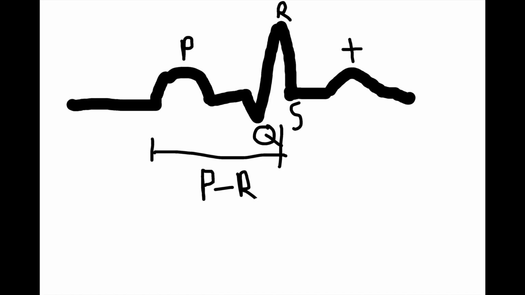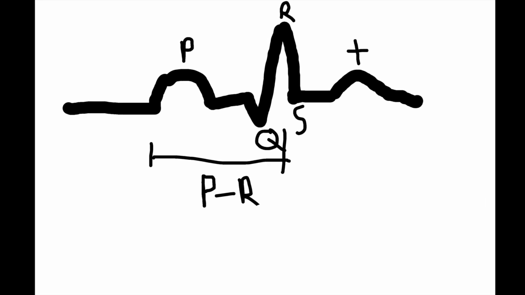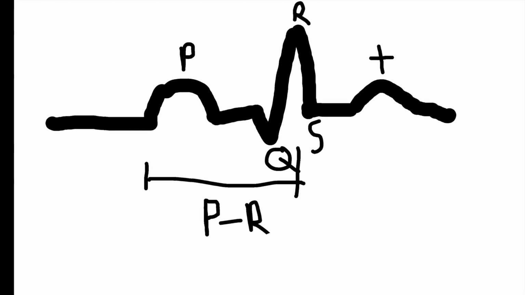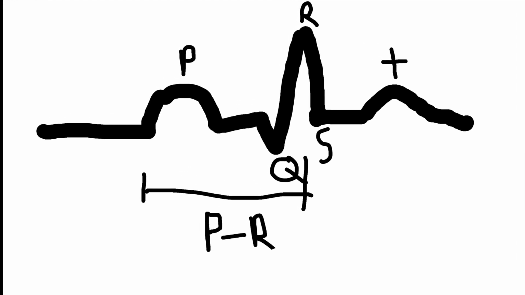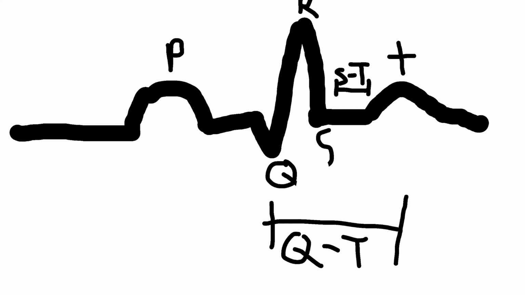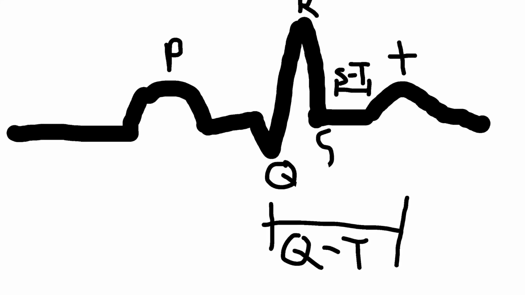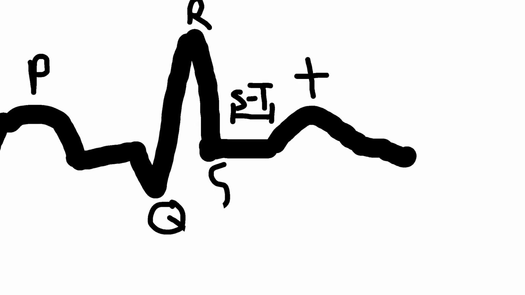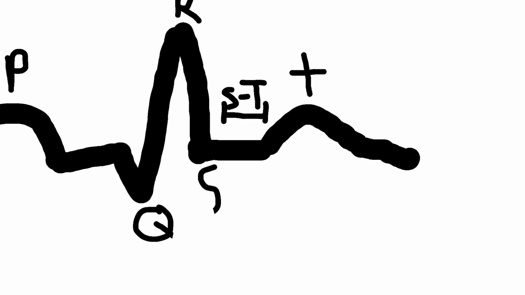We have the PR interval between the top of the P wave and the R of the QRS complex. We have the QT interval from the Q of the QRS complex to the top in the middle of the T wave, and then we have the ST interval from the S of the QRS complex to the middle of the T wave.